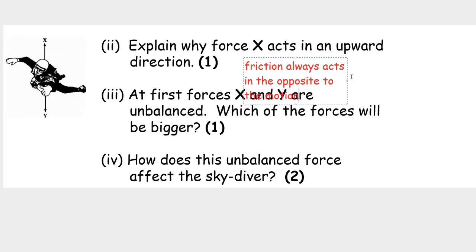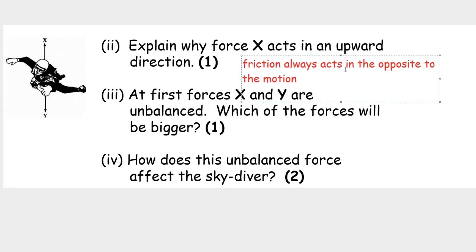So that would go for a car, it would go for a skydiver, whatever. Just to explain that a little bit more, the person is falling through the air, therefore the air molecules are being pushed out of the way sideways, and that creates that force in the opposite direction to the weight of the skydiver.